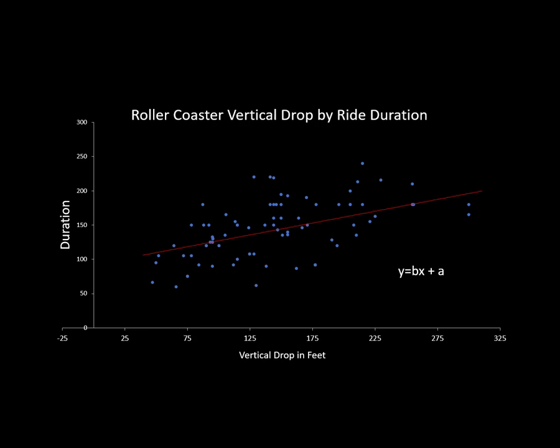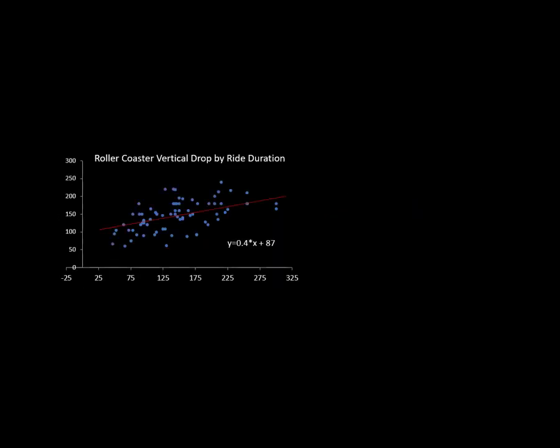For this particular scatter plot, the regression line looks like this. What this means is that for every 1 unit increase in the height of a roller coaster, the duration of the roller coaster ride increases by 0.4 seconds. So suppose we want to predict the length of a roller coaster ride that has a height of 250 feet.